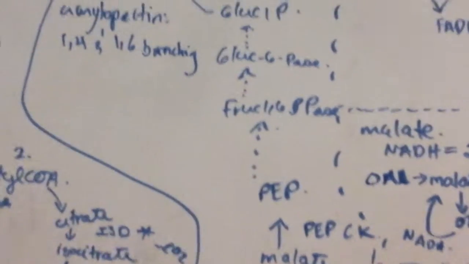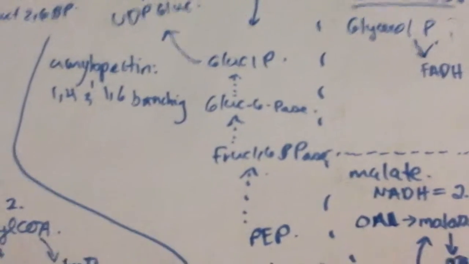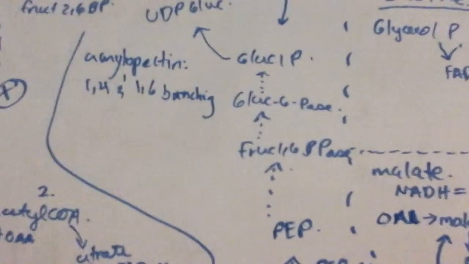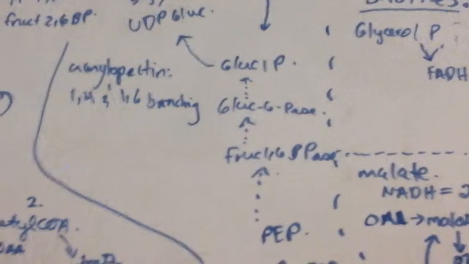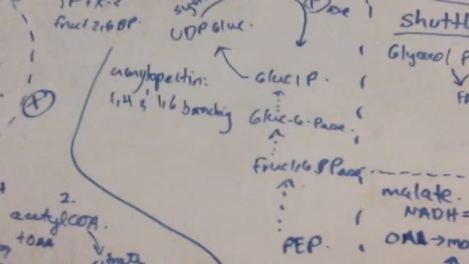So we get phosphoenolpyruvate, and then we go all the way up. We get fructose 1,6-bisphosphate. We have to bypass the PEPCK enzyme. So how do we do that? It's going to be fructose 1,6-bisphosphatase. It's going to remove the phosphate from fructose 1,6-bisphosphate to convert it into fructose 6-phosphate. And eventually we go through glucose 6-phosphatase, and then go back to glucose.